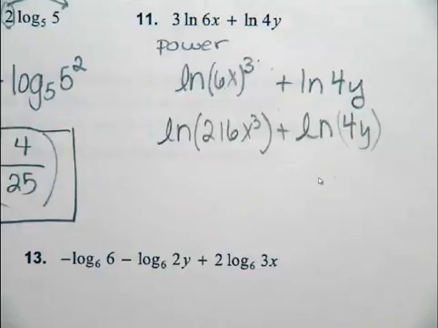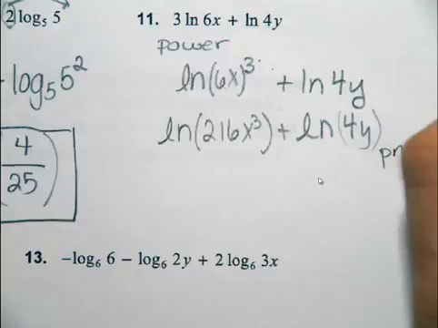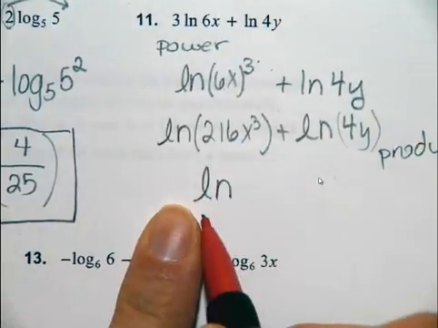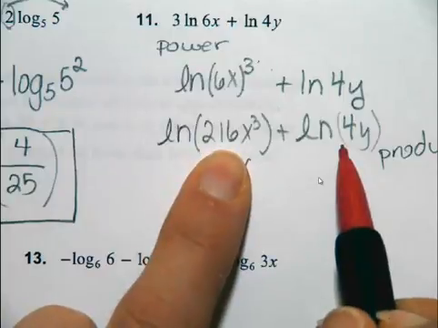Okay. You can, because natural log and natural log have the same base. They're both base e, and when we're adding two logarithms with the same base, we can use the product property. So in this case, we would make this one single natural log of, multiply these two numbers together.